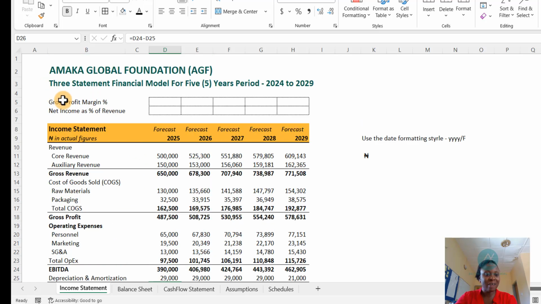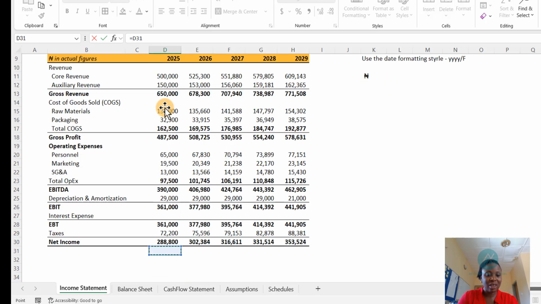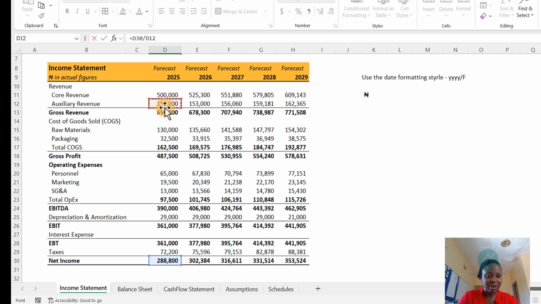So mind you, we just have some metrics we want to get to know. Gross profit margin equals gross profit. Let's just do this. Where's our gross profit? Divided by gross revenue. Just gross profit as a percentage of your revenue, right? So that's 75%. And net income, just go to your net income as a percentage of revenue, just to see how the metrics are going, and divide by the gross revenue.